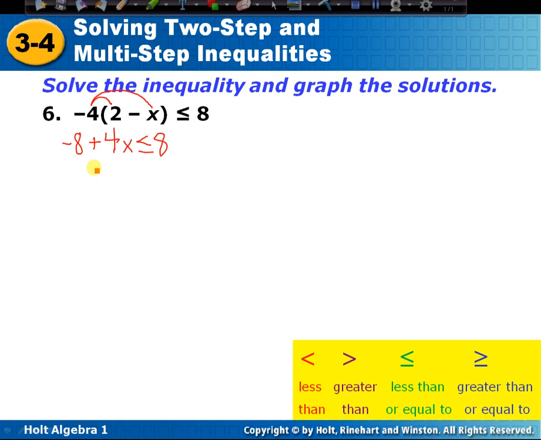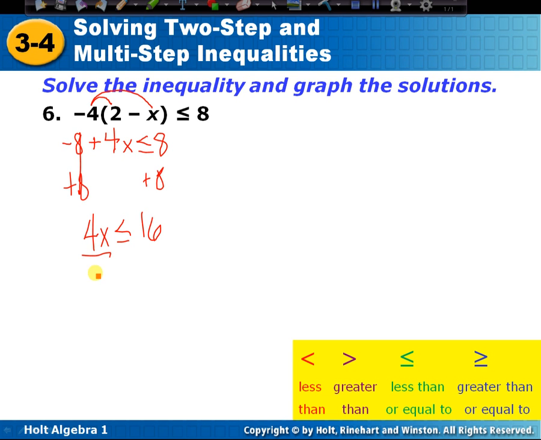So now my problem should say negative 8 plus 4x is less than or equal to 8. My next step is going to be to work on getting my 4x and eventually my x by itself, so I'm going to add 8 on both sides. This cancels, and I'm left with 4x is less than or equal to 16, because 8 plus 8 gives me 16.